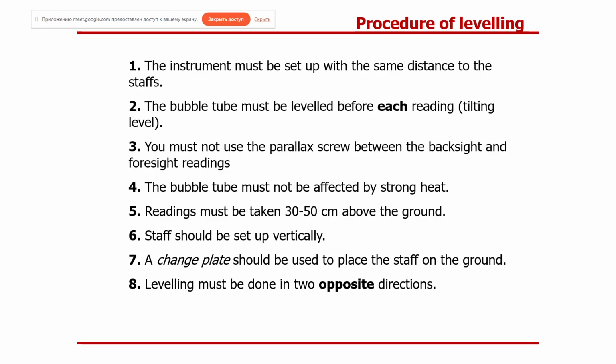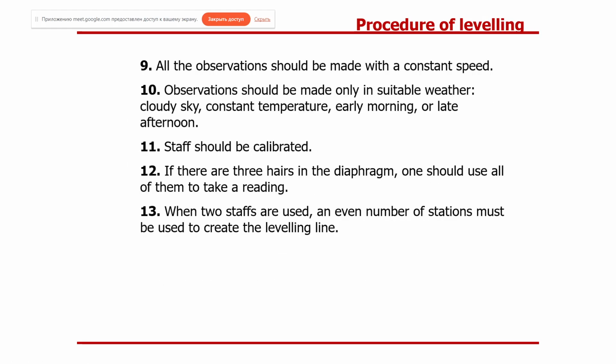Next rule: staff should be set up vertically. Next rule: a change plate should be used to place the staff on the ground, and leveling must be done in two opposite directions. Ninth step: all the observations should be made with a constant speed.